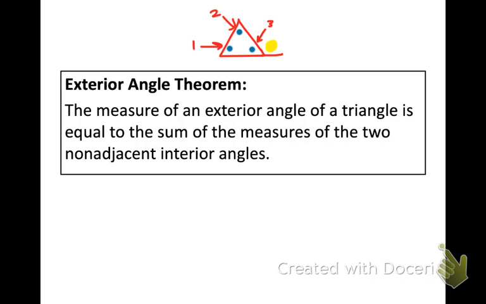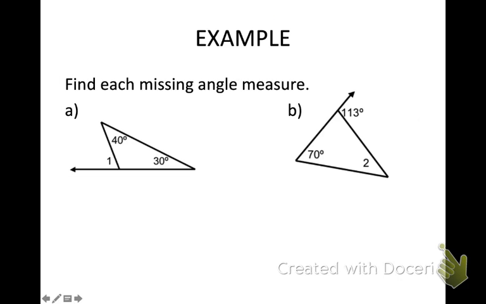Okay, so let's go ahead and apply this. Angle 1 is an exterior angle. So the measure of angle 1 is going to be equal to the sum of the two non-adjacent angles, which would be 40 and 30, which is 70.